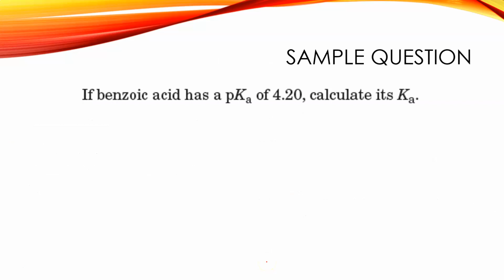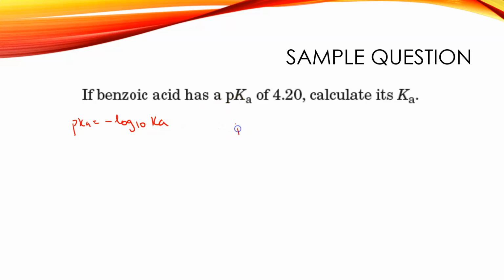Okay, so here is another style of question that we have for these. And this one says, if benzoic acid has a pKa of 4.20, calculate its Ka. Remembering that the pKa is equal to the negative log to base 10 of the Ka.